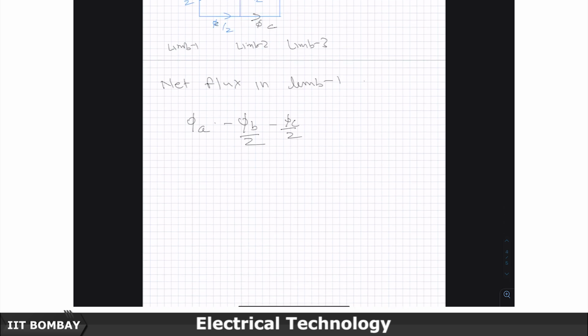So, therefore, this flux is going to be equal to phi A minus phi B plus phi C by 2, phi A minus phi B plus phi C by 2, which is equal to phi B can be written as, because they are balanced, and you know that 1 plus a square is 0. 1, a square, a: the vector addition of this is an equilateral triangle coming back to the same original point.